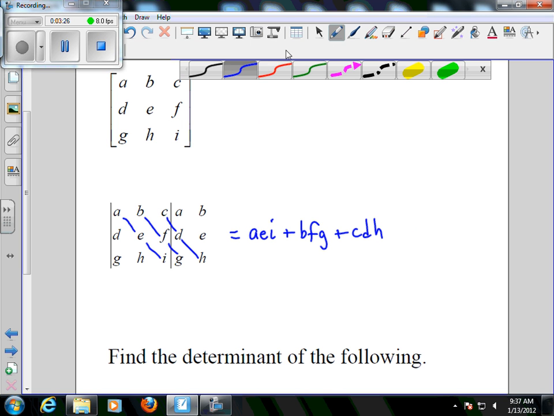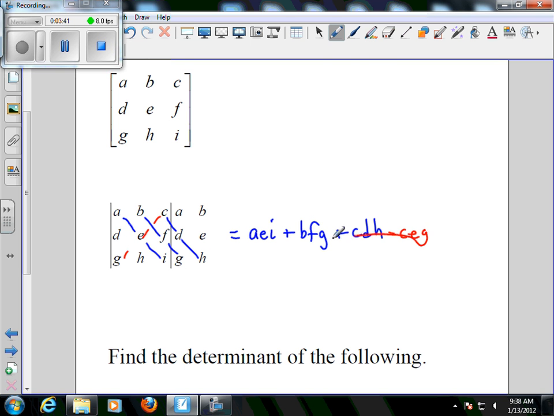And now we're going to go the other way. So we're going to go diagonally from C, E to G. But now when we go the other way, we subtract. So you can write this as minus C, E, G. Let me get rid of that scribble here.